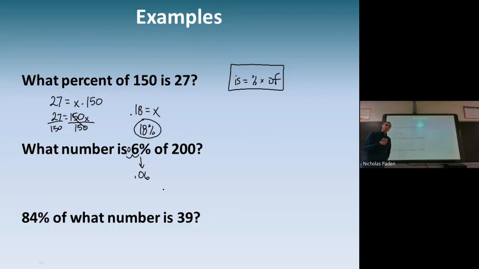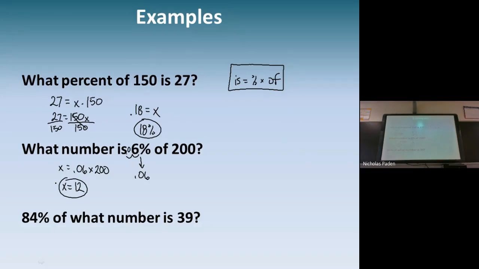So make sure 6% is written as 0.06. And so whenever we make our equation, 200 is of, so it's going to be 0.06 times 200 equals x. So all we have to do is 200 times 0.06. Whenever we multiply, we get x equals 12. So 12 is 6% of 200.